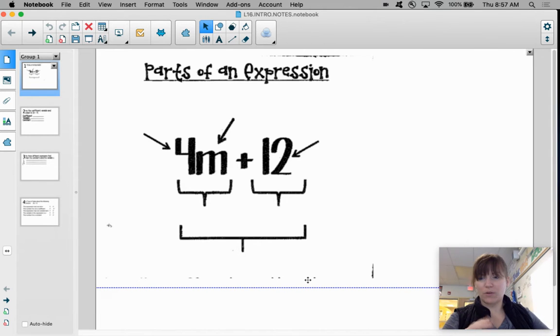It is a double copy, so you only have to fill it out on the left-hand side. Otherwise, you're on Pear Deck, and here we go with some new vocabulary.